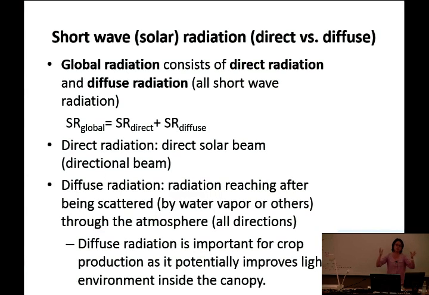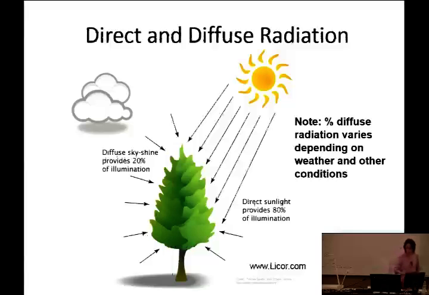The incident light is called global light. Global light includes diffuse light and direct light, and diffuse light is usually a lower percentage unless it is a cloudy day. It is a very important component because, for example, in this model, the tree facing the sun receives direct light and diffuse light, and behind that is only diffuse light.